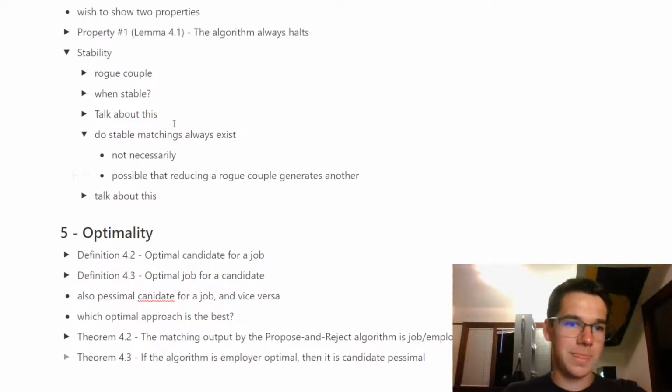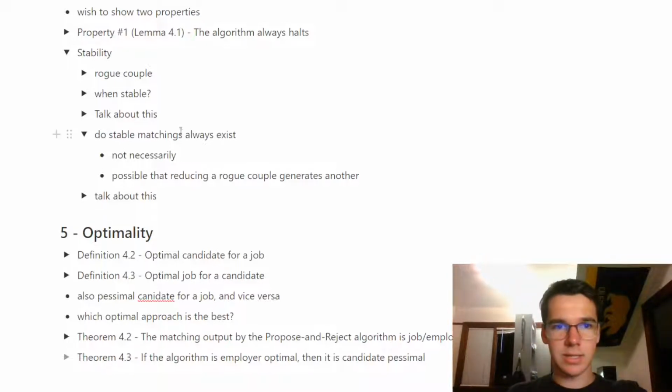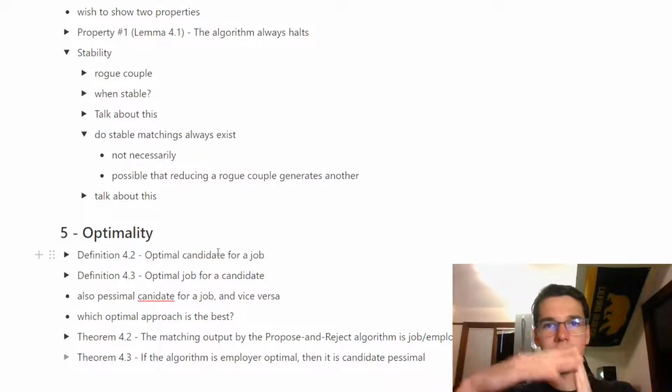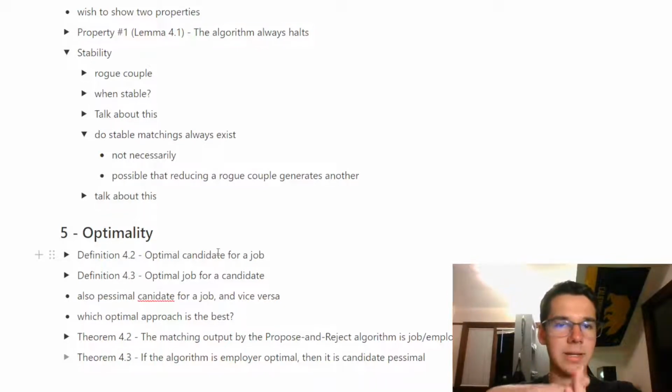Okay. Do stable matchings always exist? The answer is not necessarily. It depends on what type of data you're using. In the case that we're going to see, which I'll talk about later, if the data comes in two types of categories, for example, a job and a candidate, then that helps to ensure that there is some sort of stable matching.